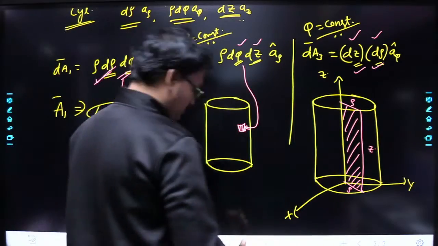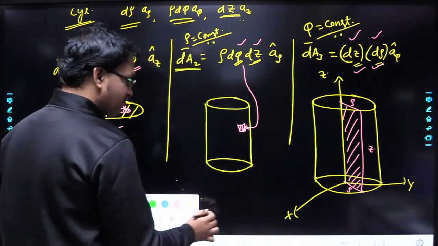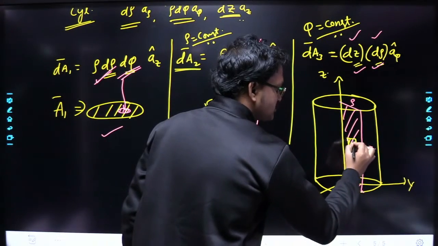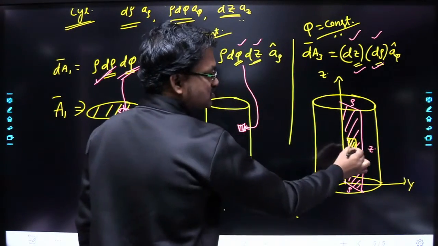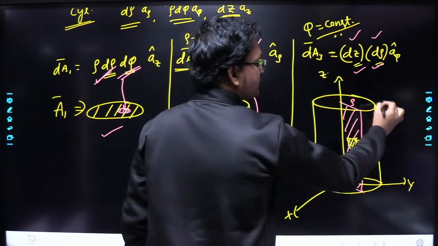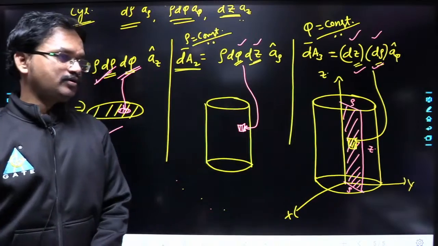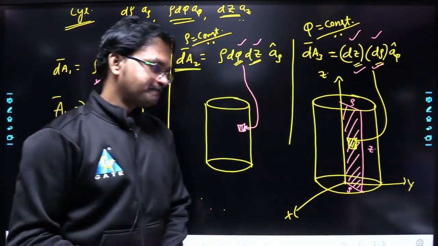Similarly, if you consider a small differential area on this rectangular surface, this small differential area is nothing but dz into d rho. Understood? Okay.